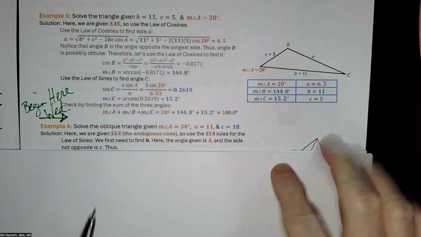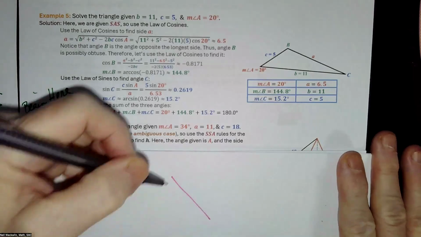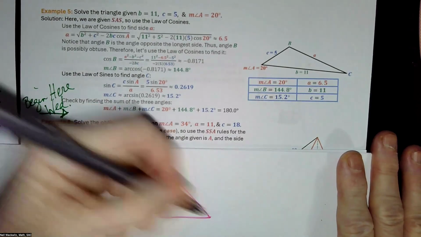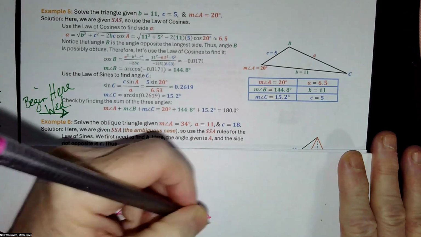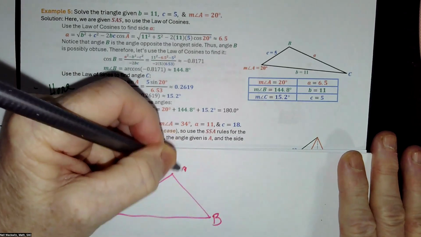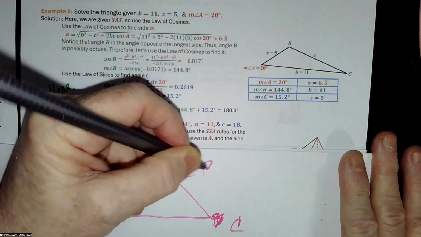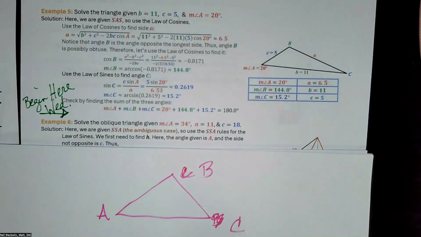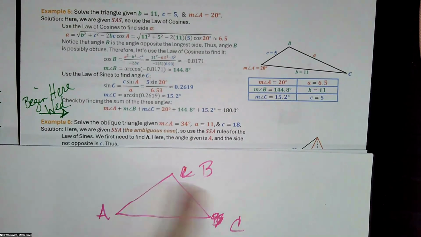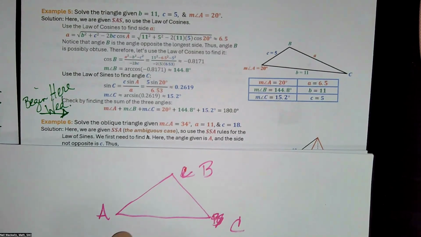So what if we were given, let's draw this triangle, ABC. Oh, sorry, CB. I like to label them this way, and it really doesn't matter if it's to scale.